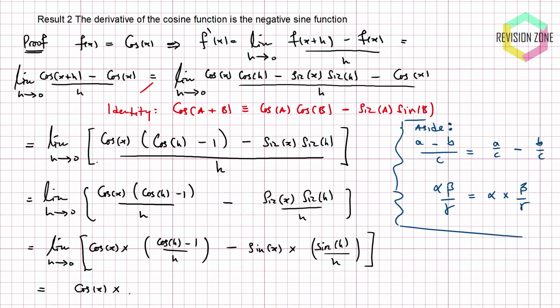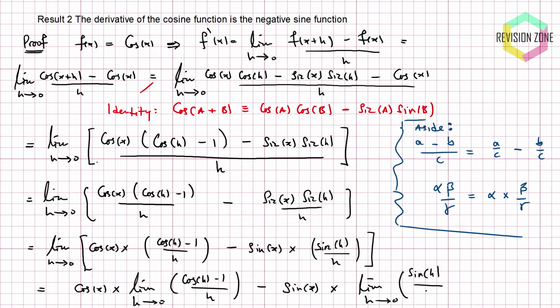So as the limit expands in, the limit is just going to apply to this thing here, the cos h minus 1 over h. And then the sine x is going to be left alone because it's purely in terms of x. And the limit is going to apply to the sine h, sorry, over h.